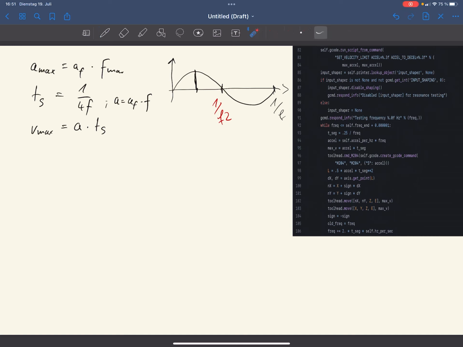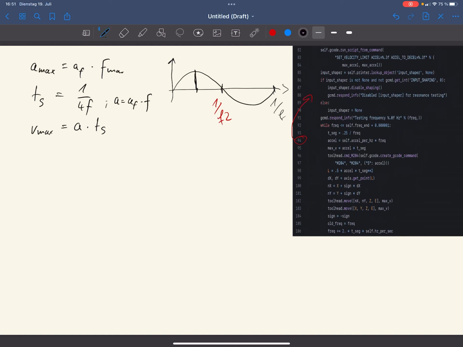This value is constant, it's only dependent on Fmax and Amax, and those values are constant within the measurement, and we recalculate it every movement, for every new frequency. It should be out of this loop, so this should be somewhere above.